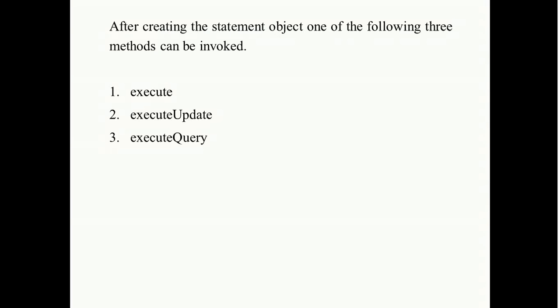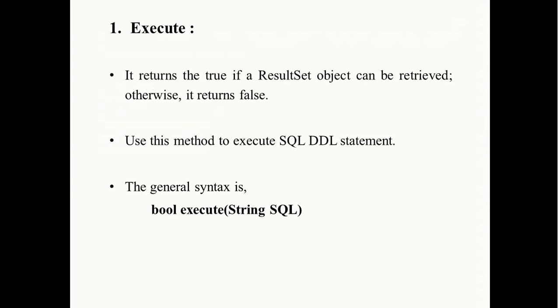Now next, after creating the statement object, one of the following three methods can be invoked. It means after creating the statement object, you can use any type of SQL query to execute in the program. The first method is execute, the second method is executeUpdate, and the third method is executeQuery. See all three methods one by one. First, the execute method.